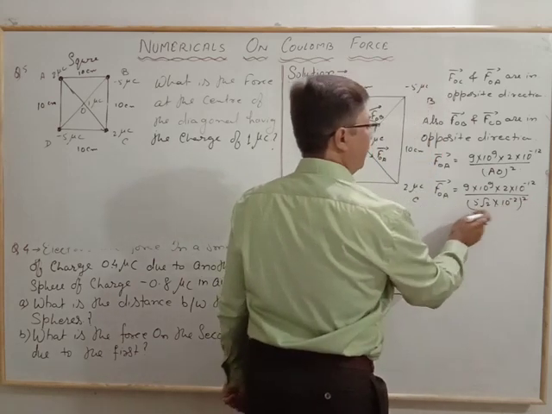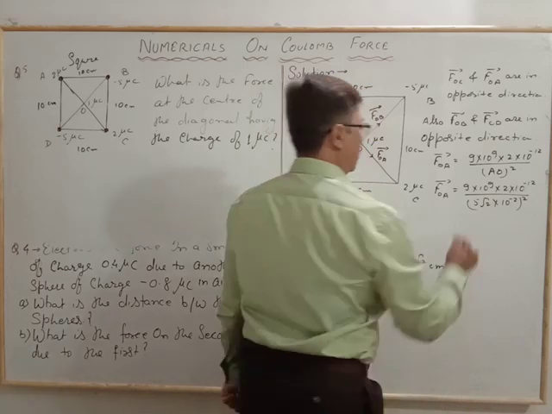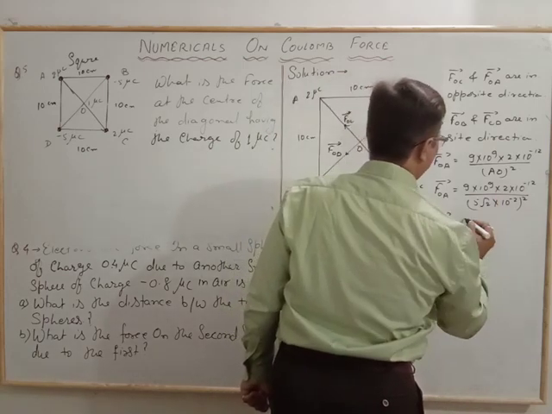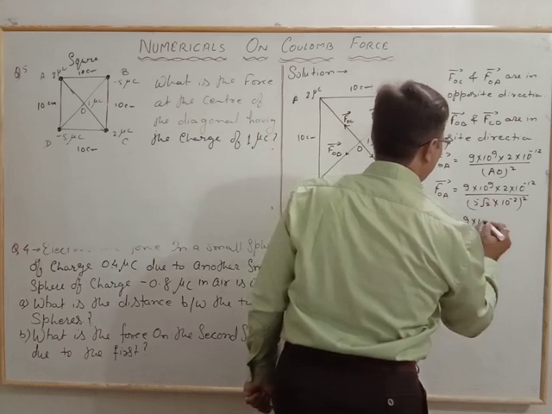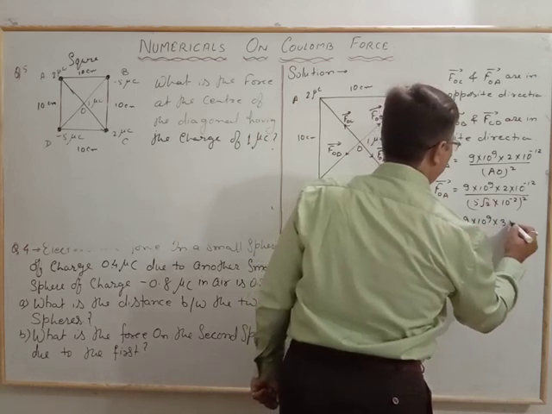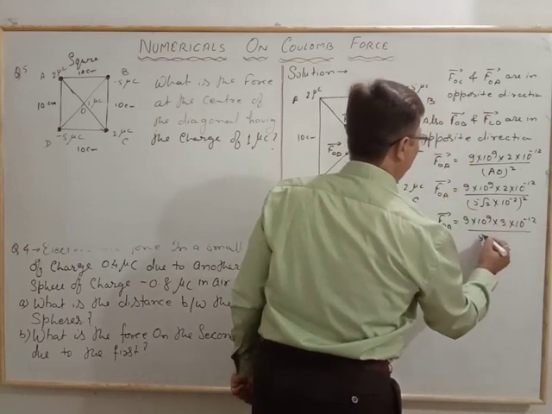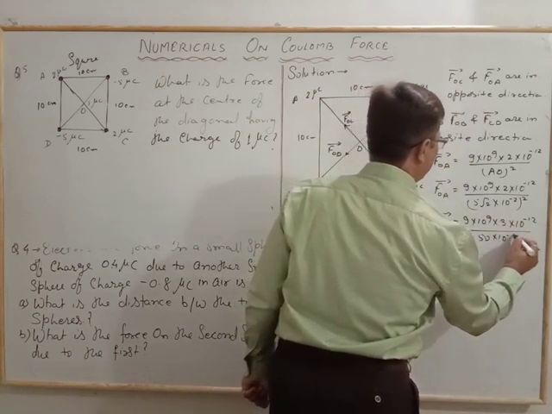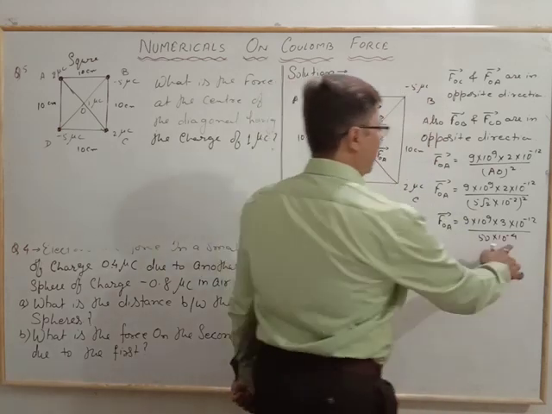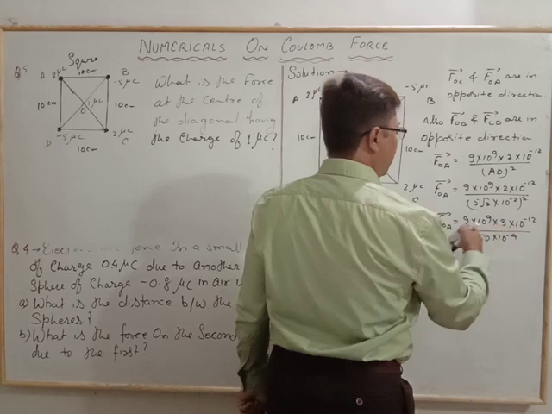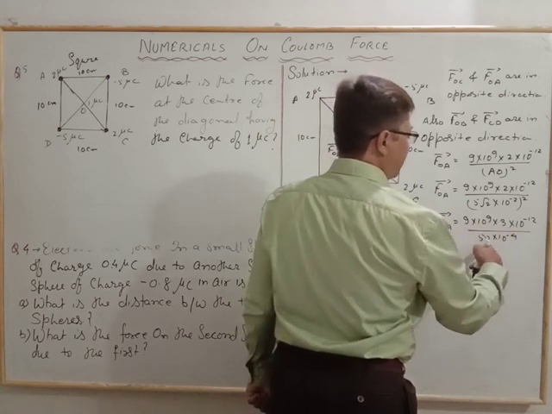That becomes 50 into 10 to the power minus 4. So FOA is equal to 9 into 10 to the power 9 into 2 into 10 to the power minus 12, by 50 into 10 to the power minus 4. Minus 4 becomes minus 8 here, and we cancel the 10.